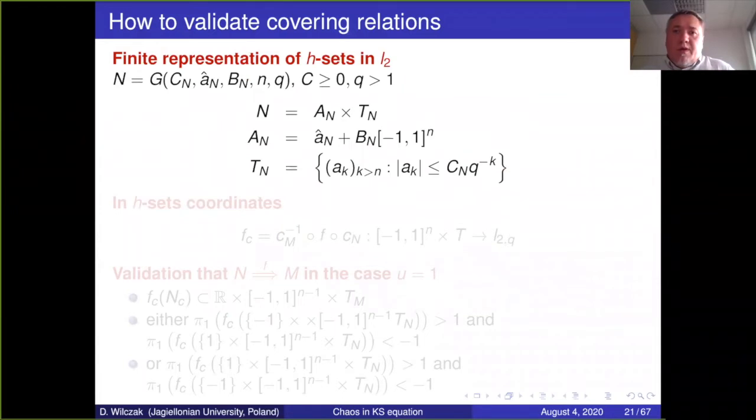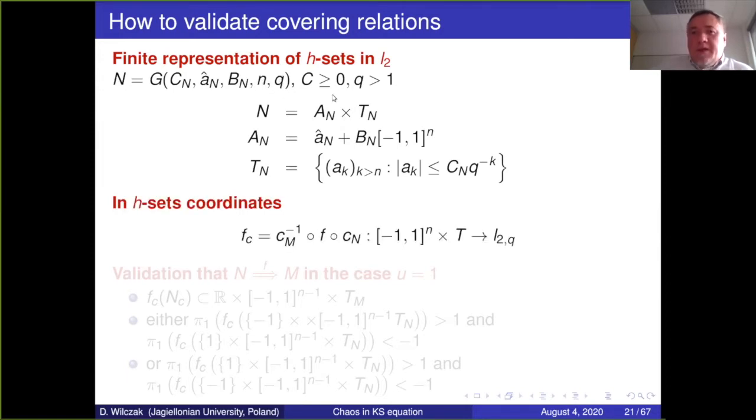And on this slide, I would like to show you how we can validate the existence of covariant relation for a given system. So I assume that my sets will be subsets of L2, and I will represent subsets of L2 in the following form. To describe a point, I need a finite dimensional vector a_n, some matrix, some positive integer, some real number, and also some real number C here.